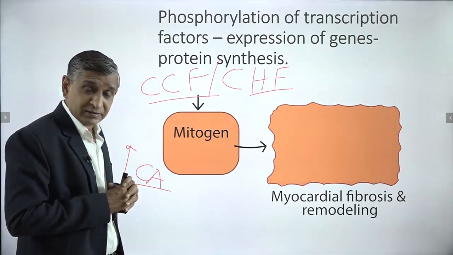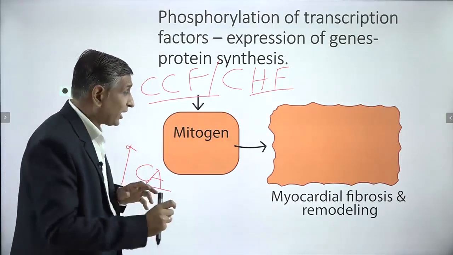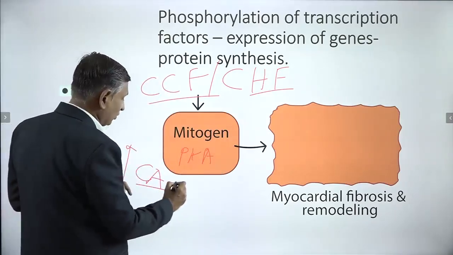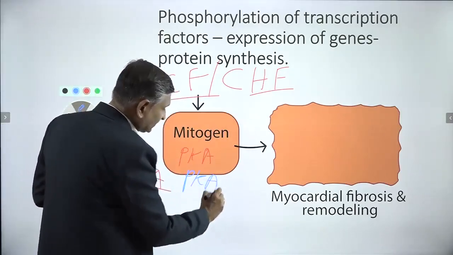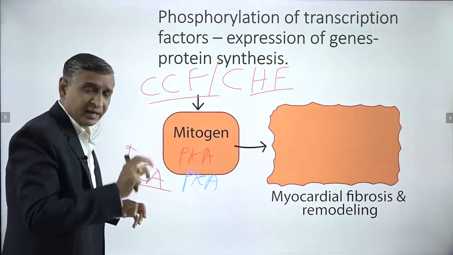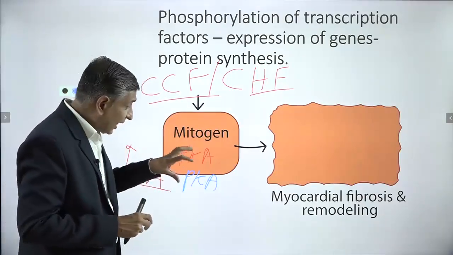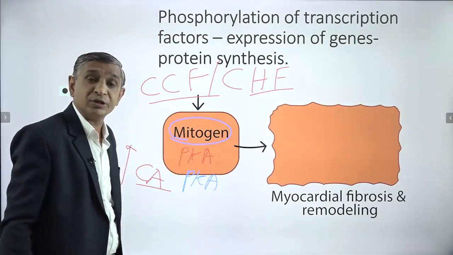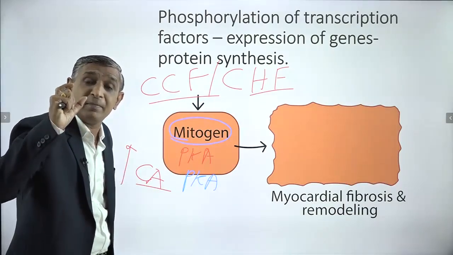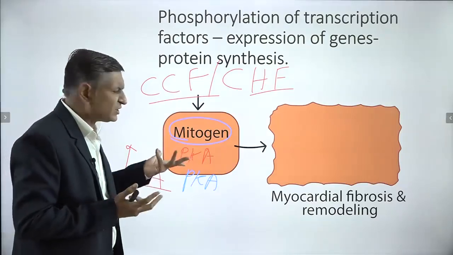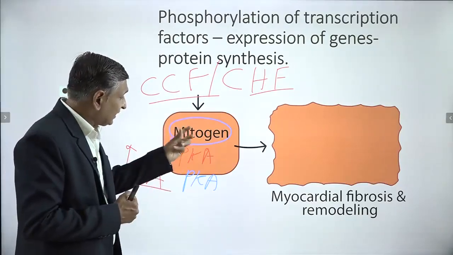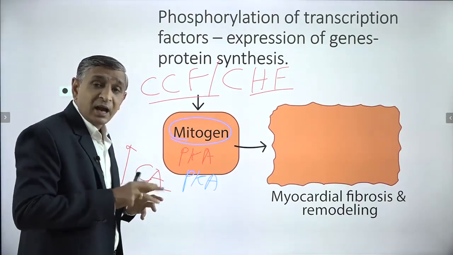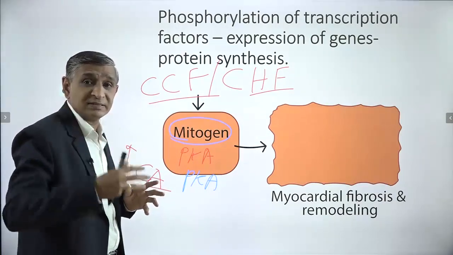My dear students, there is phosphorylation by PKA. Already all of you know this PKA now. Whenever adrenaline is there, the PKA is activated. This activated PKA is going to act on the mitogens. It will phosphorylate the mitogens. Mitogens are proteins. These activated mitogens will move to the nucleus and will express some proteins.